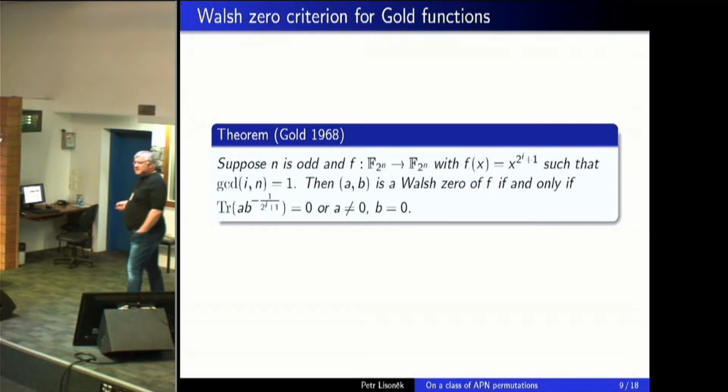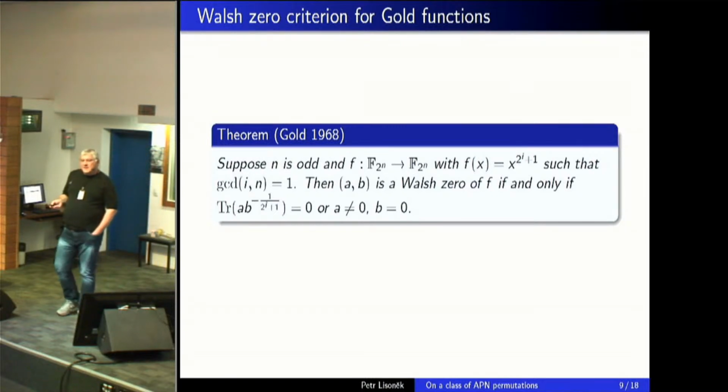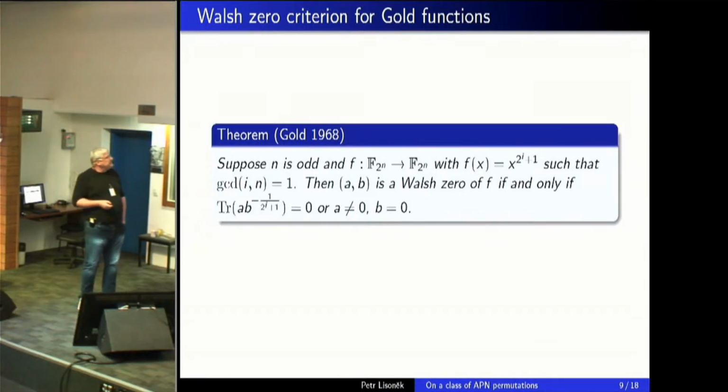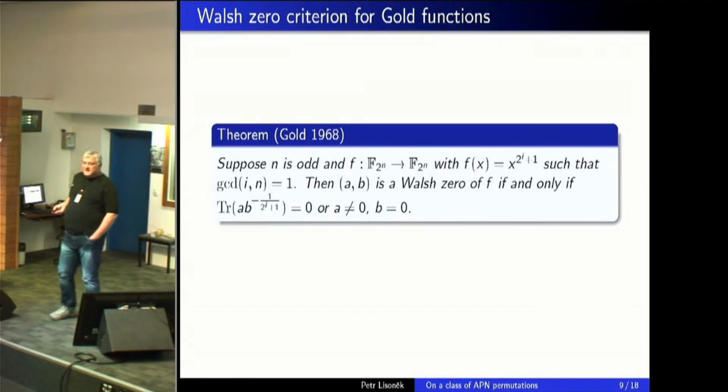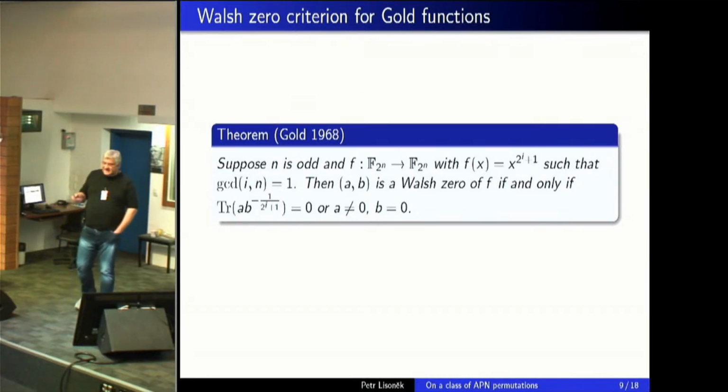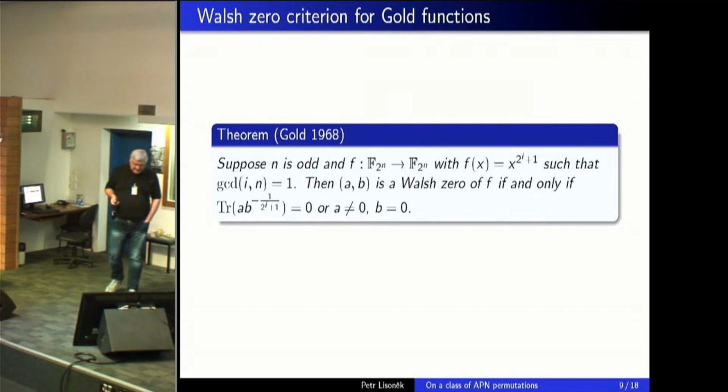Fortunately, the Walsh zero criterion for the Gold functions is quite simple, and that actually enables a lot of what we are doing. It was found by Gold in the context of finding sequences with good autocorrelation properties.